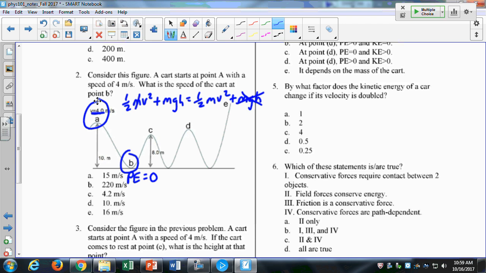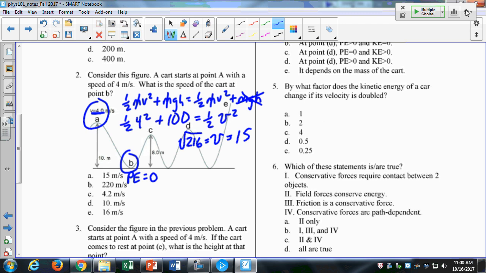I can get rid of my masses. They all cancel out. And I have 1/2 of 4 squared plus 10 times 10, that's 100, equals 1/2 of v squared. That's 216, square root of 216. Yeah, that's about 15. It was A, right? Yeah, 14 point something. Okay.